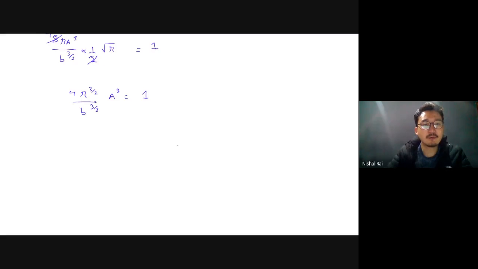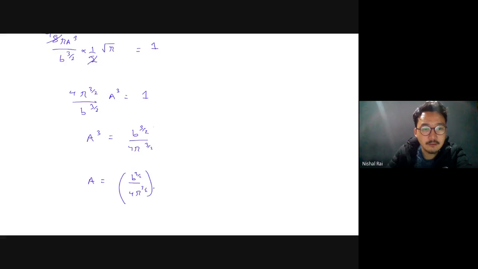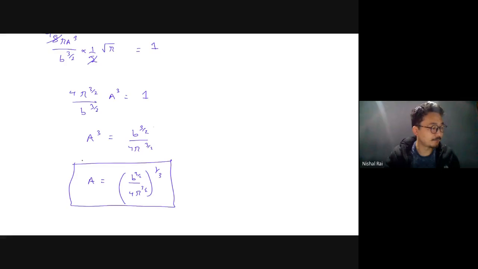So this will give you what, a cube will be b 3 by 2 divided by 4 pi 3 by 2. Or basically a will be b by 4 pi to the power 3 by 2, all to the power 1/3.